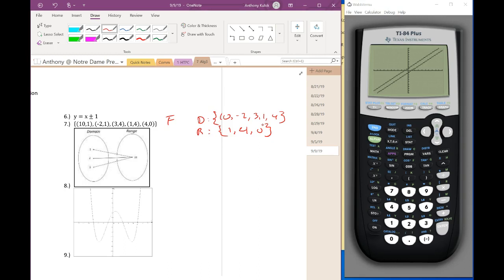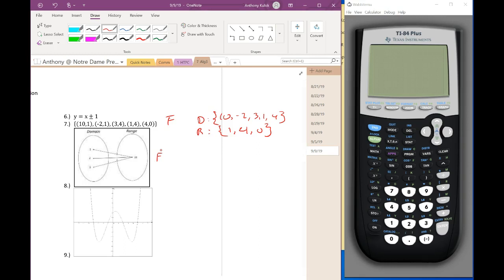Okay. Let's look at 8 then. Is this a function? That 8 is a function. Why is it a function? Each x goes to only one y.